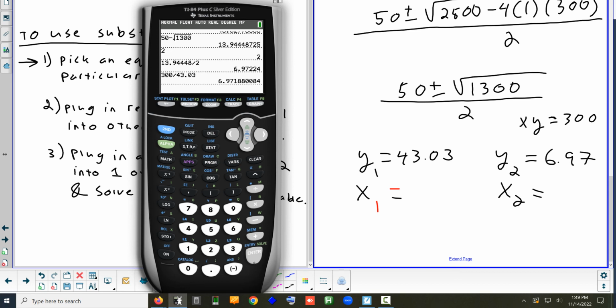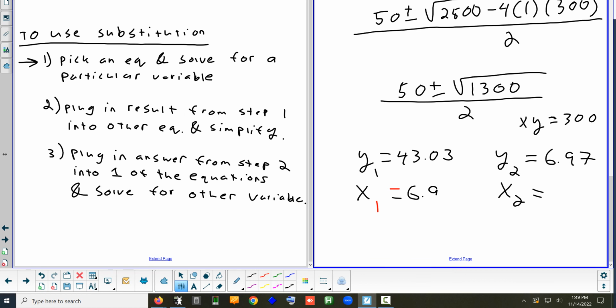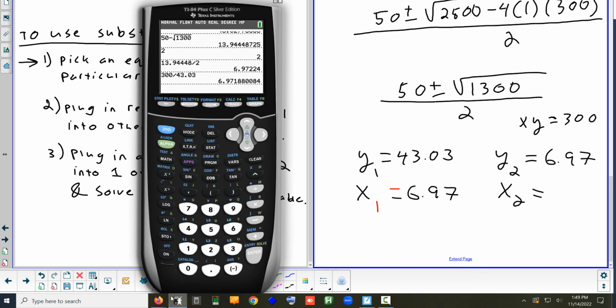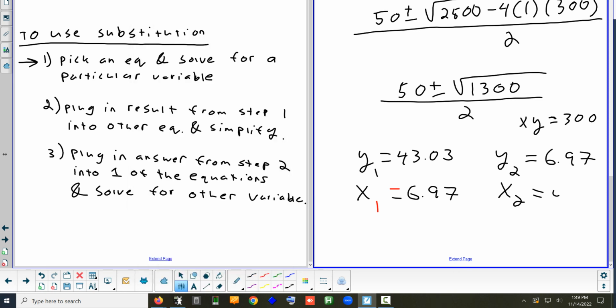Does anybody have a guess what x2 is going to be? 43.04. Yeah, it should come out the same. It might come out a little different because of rounding. But if you take 300 and divide by 6.97, you get almost the same thing, 43.04.